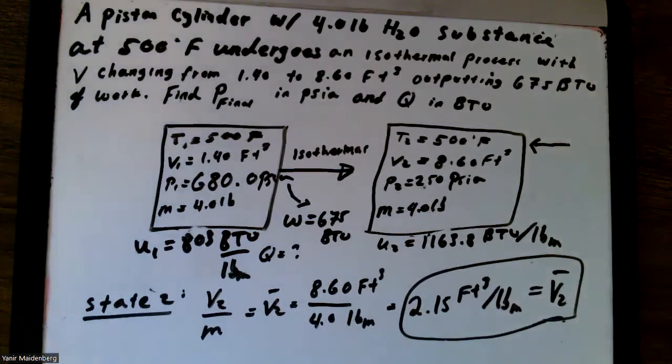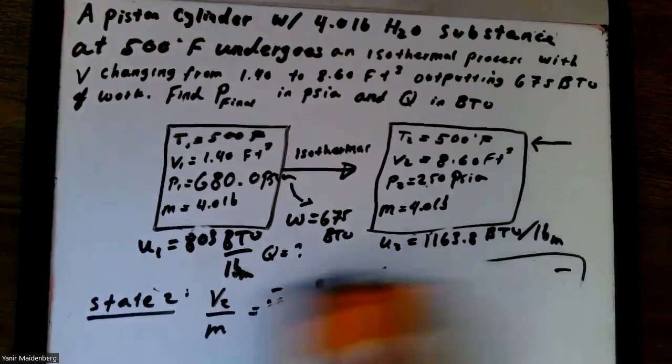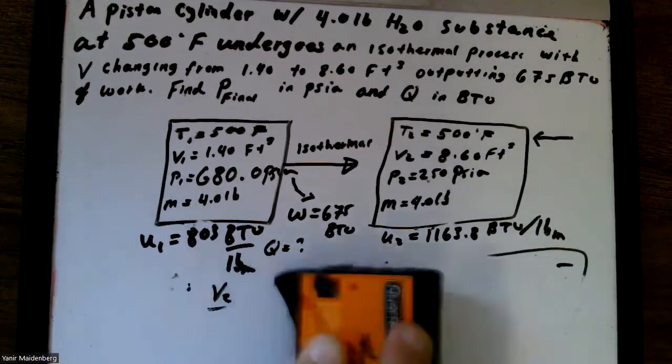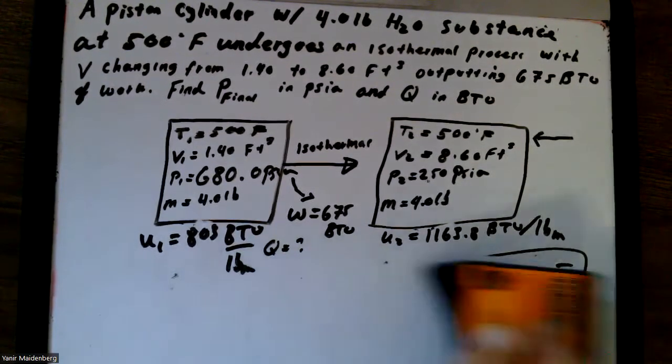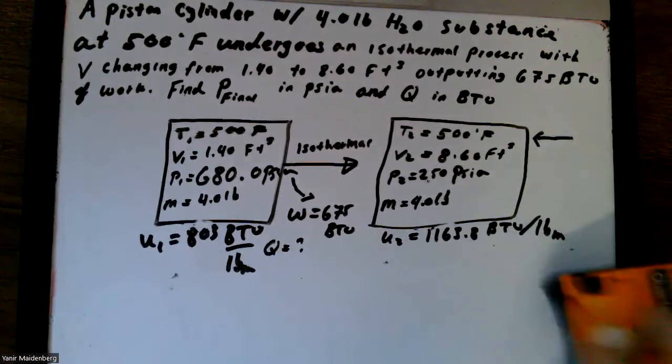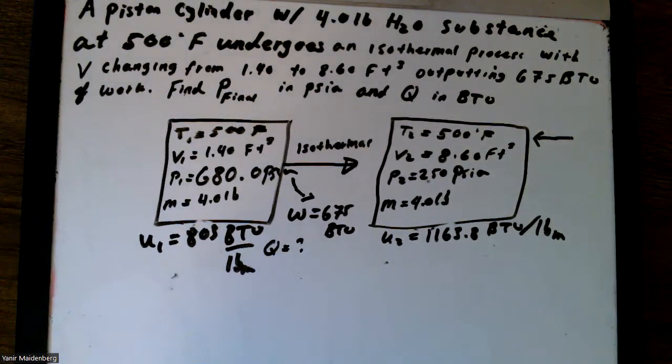Now I have the states fully described. I don't need the H's or the entropy, so I didn't put them in, but I have all the variables. Once I define the state, my last step is to use the first law to get whatever I don't have.